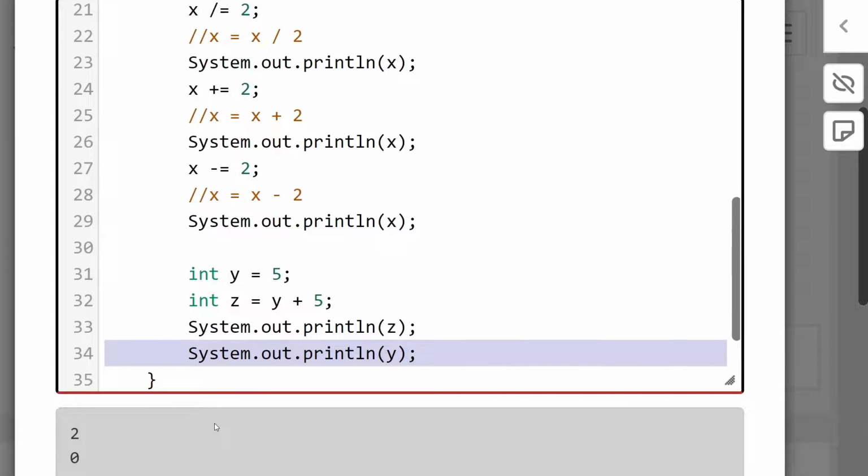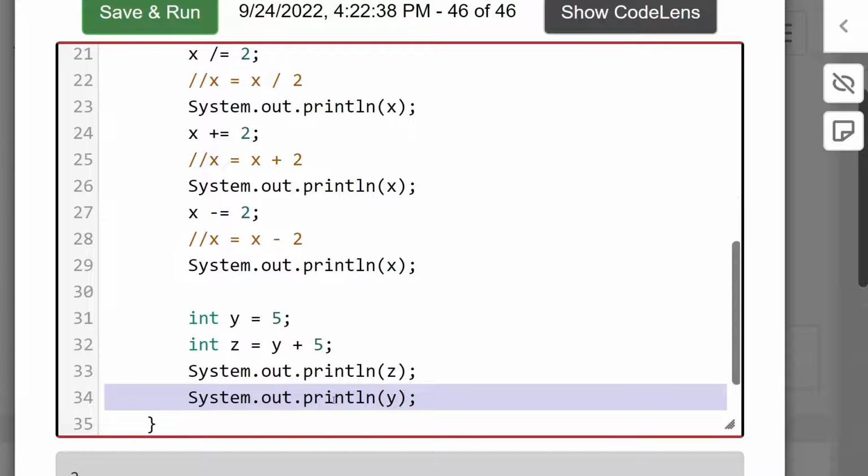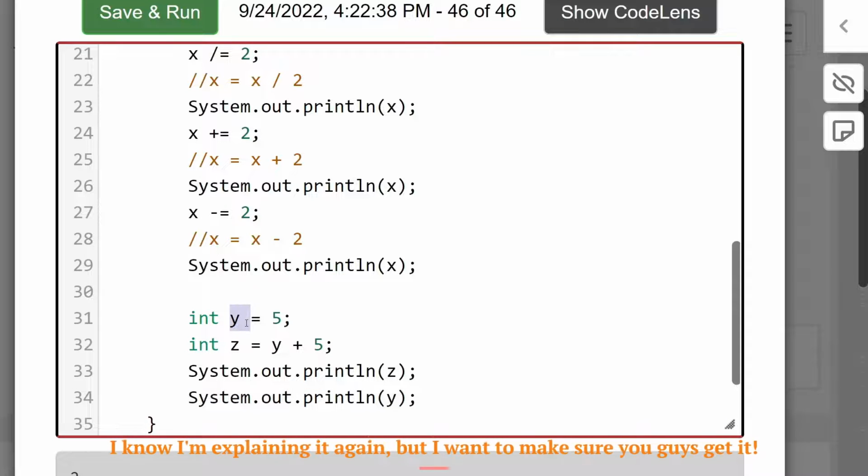One little thing to show you here is the difference between a compound assignment operator and just a regular arithmetic operation. So you have a value y, and this equals 5. And we have a variable z, and that equals y plus 5. So y has a value of 5, and then z has a value of 5 plus 5.